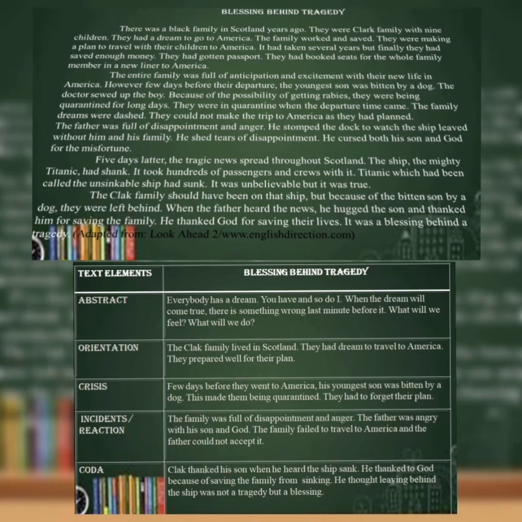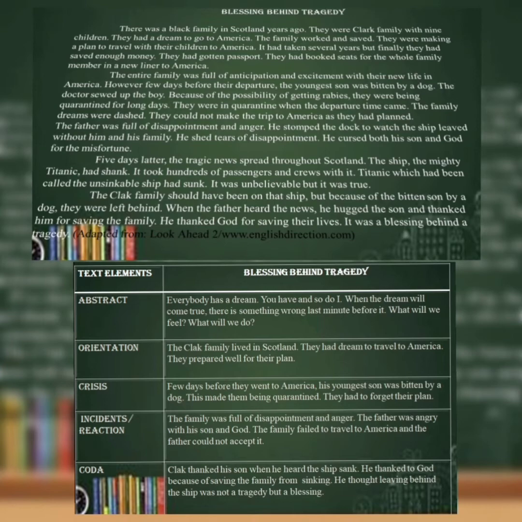And the next element is crisis. Crisis is about the events and also the incidents. In this text, like a blessing behind tragedy, I think the crisis is a kind of incident.